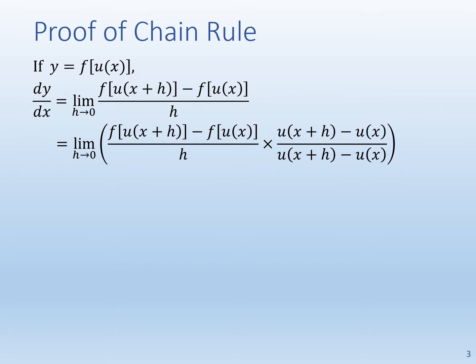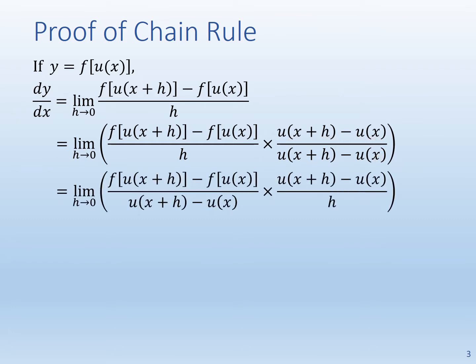Now what we'll do is we'll multiply all of that inside the limit by 1, written as u of x plus h minus u of x over itself. And then we can rearrange that. I'll put the u of x plus h minus u of x on the left hand term there, and the h I'll take out and put it on the right hand side there.